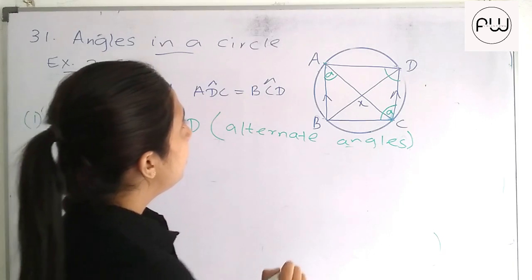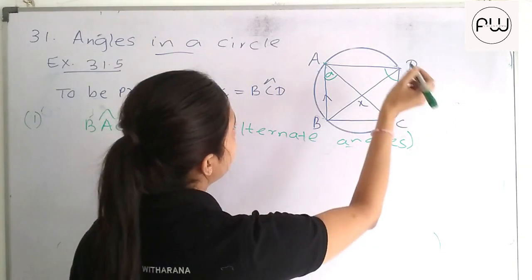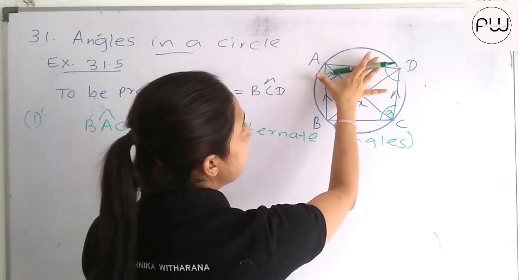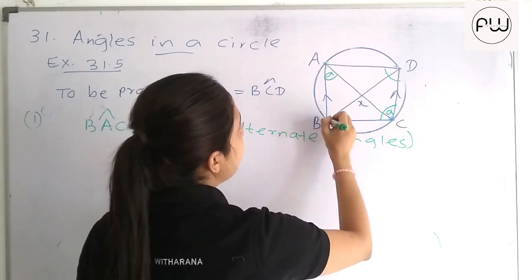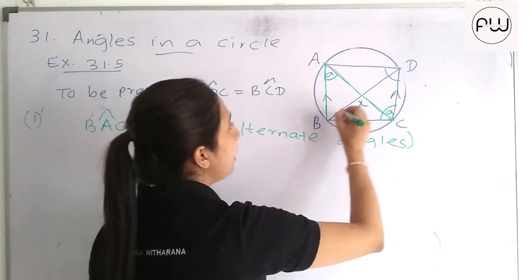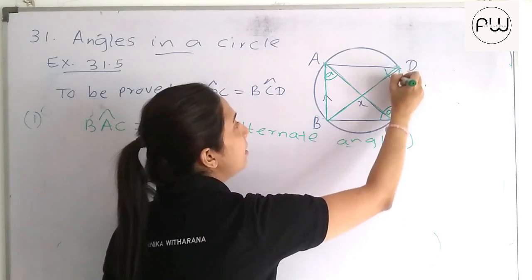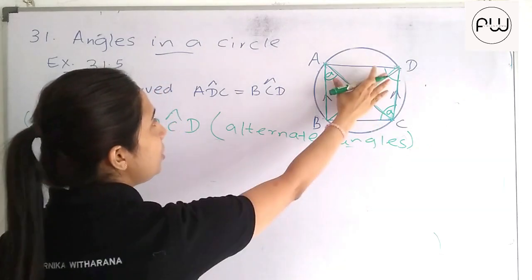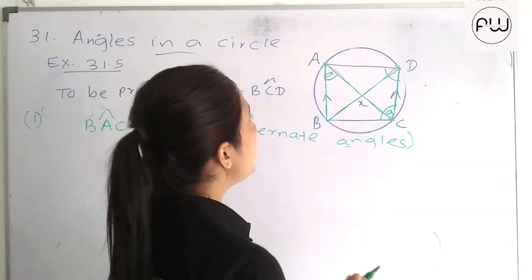Now see this one. If we consider BC chord and this segment, you can clearly see this angle and this angle are equal. Why? Because these two angles are in the same segment.